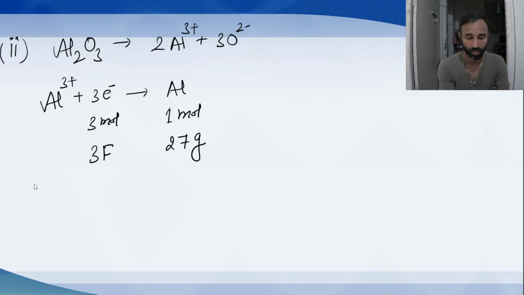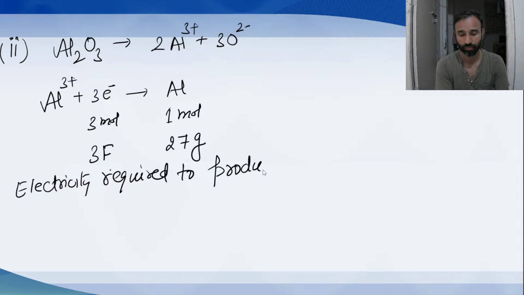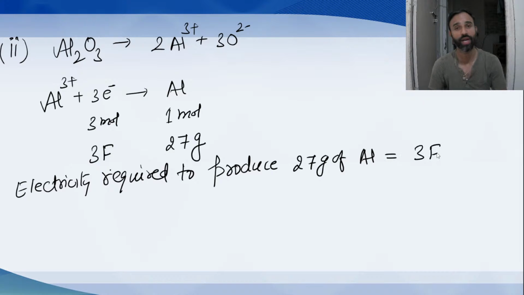Just write it. Electricity required to produce 27 gram of aluminium is equal to 3 Faraday.